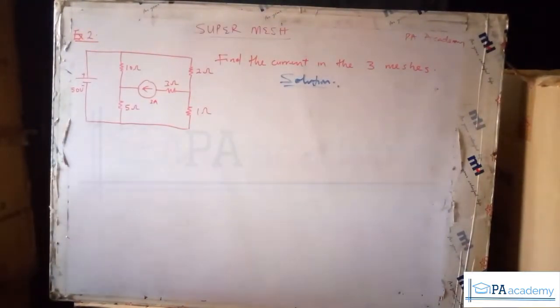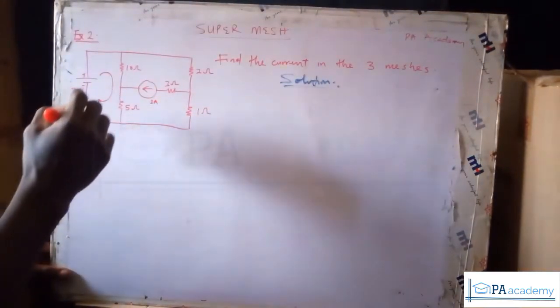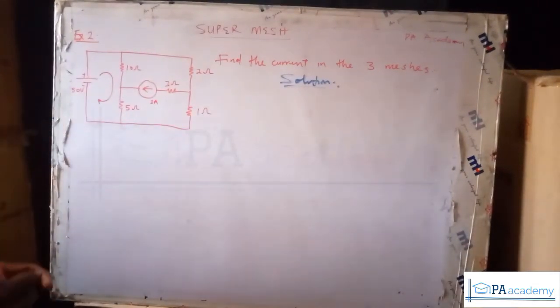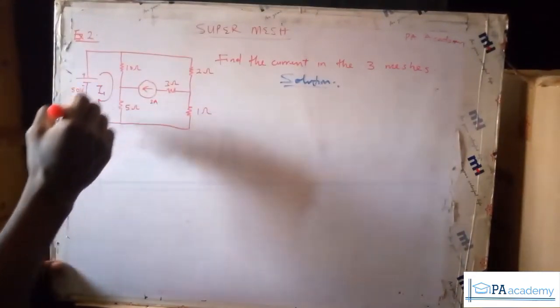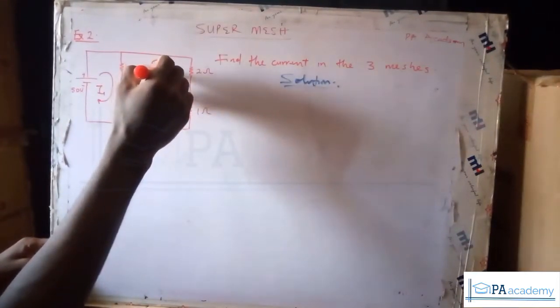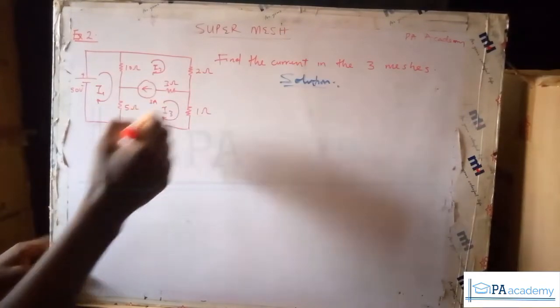Alright, so let's pick our current directions. Let me call this I1, and then let me take this to be I2, clockwise direction, and then I3.